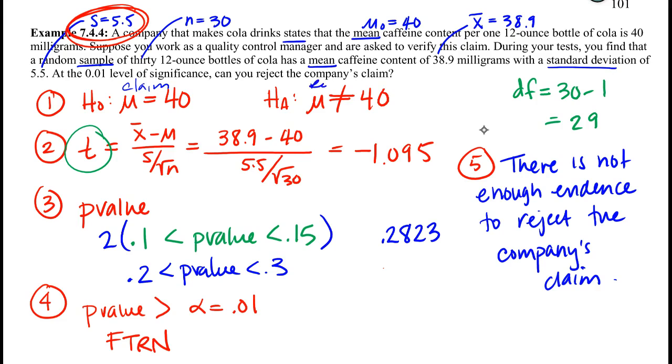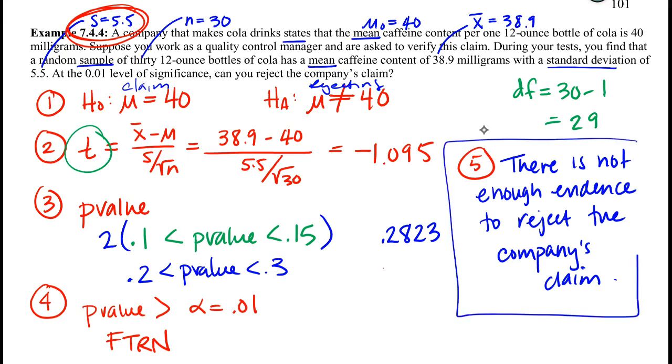So this would be rejecting the claim. Now, don't get this confused with rejecting the null. We never want to write down reject the null in this statement, because that doesn't mean anything to anyone but us. So rejecting a company's claim is different than rejecting the null. So this is okay. But normally that word reject is not something I really want to see in your guys' sentences.